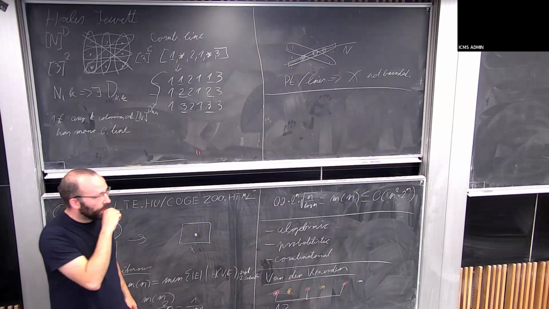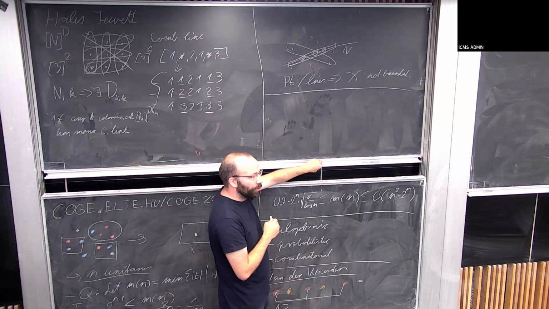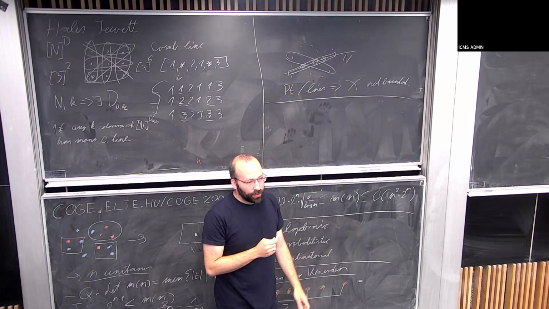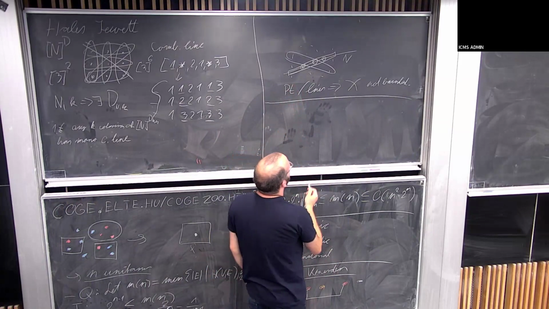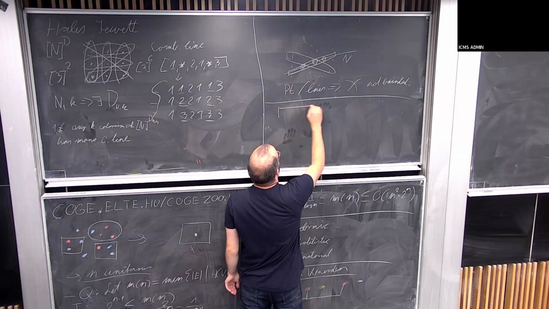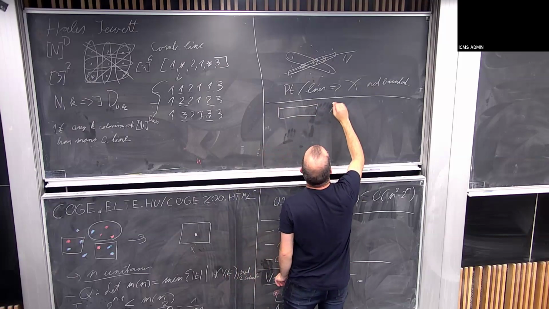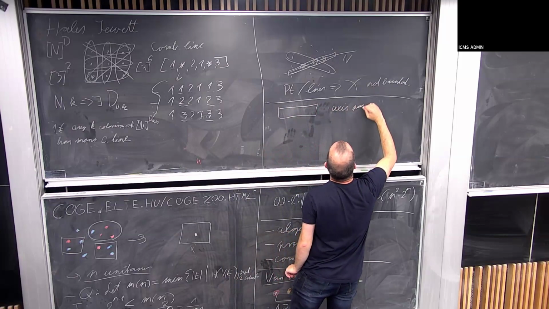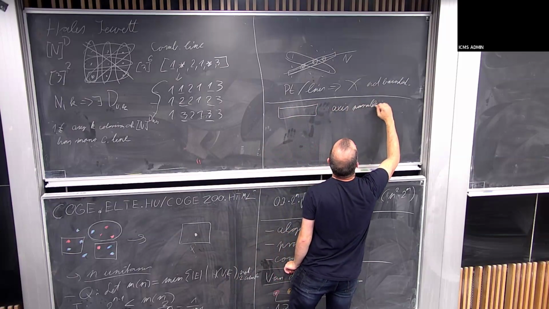Okay, so what happens? We need to look for some other objects that don't behave like this. So one of the things you could ask, okay, what if I don't allow rotation? What if I have axis parallel rectangles?